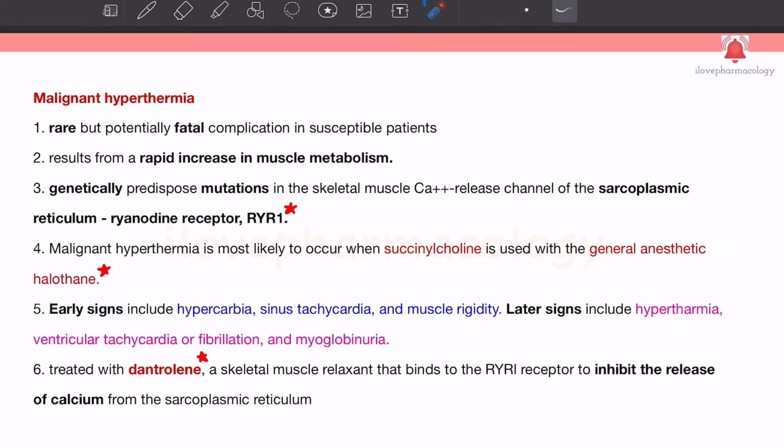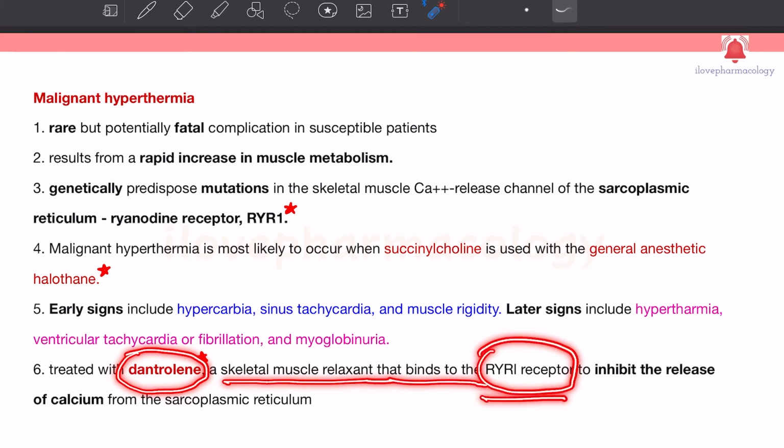So what is the drug of choice for treating malignant hyperthermia? The drug of choice is dantrolene sodium. Please remember, the drug of choice for treating malignant hyperthermia is dantrolene sodium, which is a skeletal muscle relaxant which binds to the ryanodine receptor, RYR1 receptor, and inhibits the release of calcium from the sarcoplasmic reticulum.